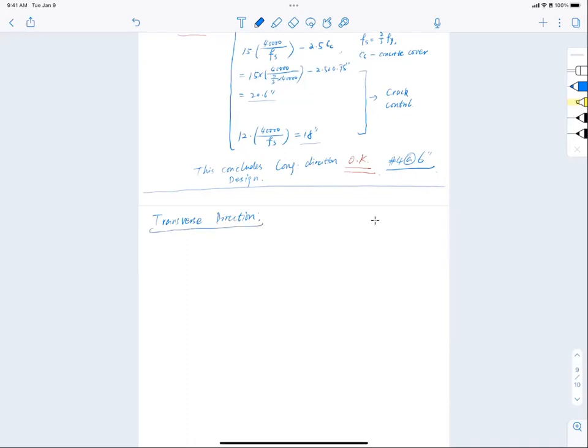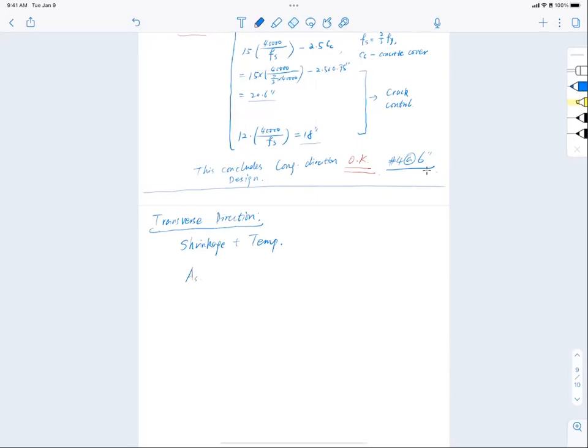The two things I need to consider are shrinkage and temperature. How do I consider shrinkage and temperature? Matter of fact, shrinkage and temperature is actually easier to control because all I have to do is satisfy the following requirements.